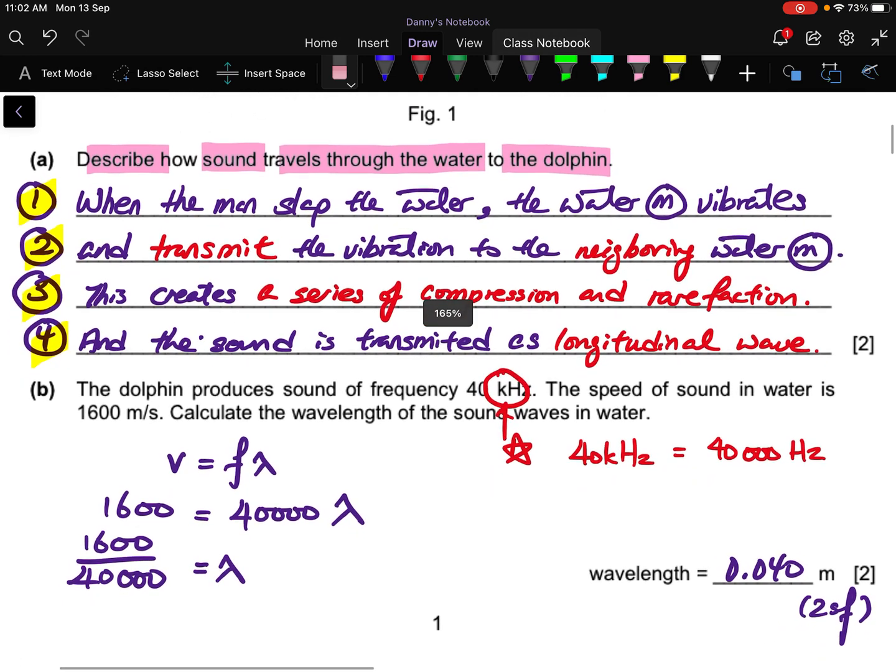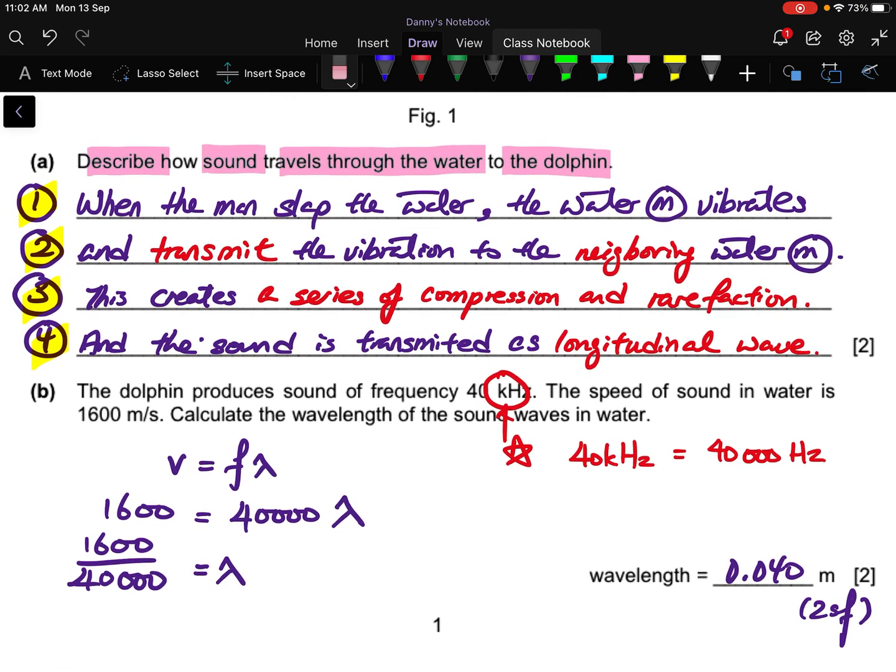Now, how to answer this question, or in fact how to memorize this: number 1, you need to identify where is the source of vibration. It is very important that you refer to the molecules, the molecular level. You shouldn't say the water vibrates, but rather the water molecules vibrate. And you need to tell me what is the trigger for this vibration, what is the cause of this vibration.